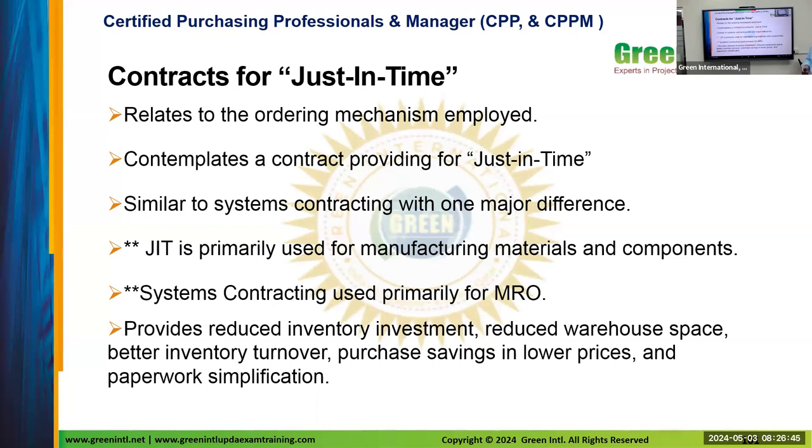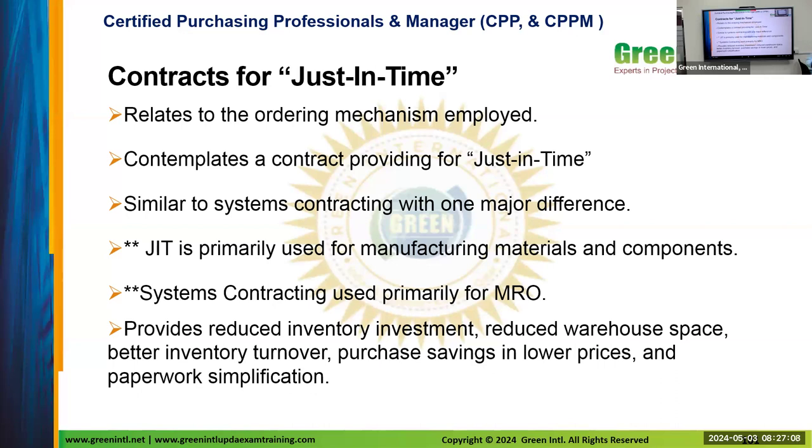So basically, in systems contracting, the inventory at the spare part store is reduced, whereas in just-in-time, they try to reduce the inventory at the main store, the raw material store.